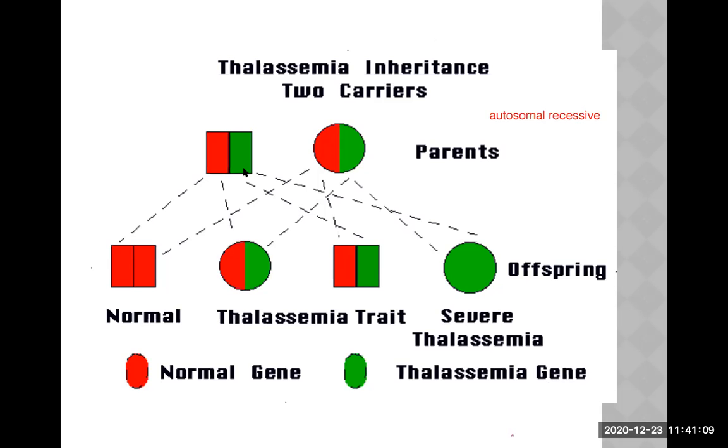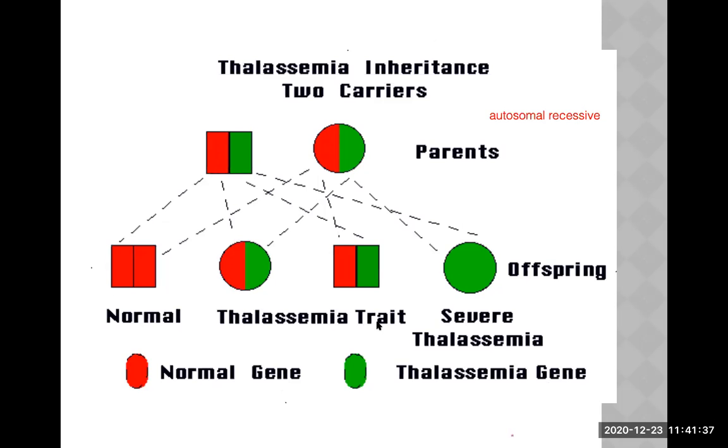Now, you just match the gene from the father and the gene from the mother. If this red matches with this red, then both have a normal gene. So this is a normal baby. If red and green occur together, this is the carrier one. So we call it thalassemia trait.